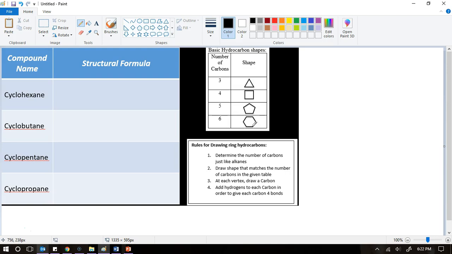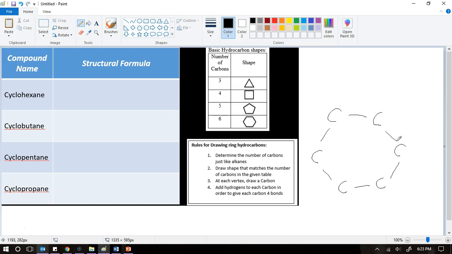And at each of these points in this structure is where those carbons are going to end up. So if I draw out that cyclohexane, it's going to look something like this. So here's carbon 1, carbon 2, carbon 3, carbon 4, carbon 5, and then carbon 6.